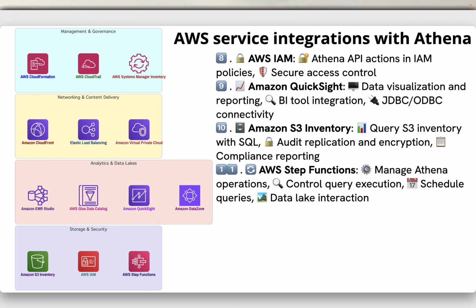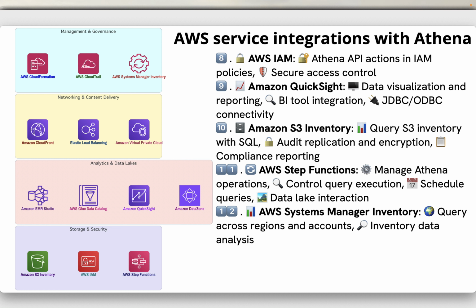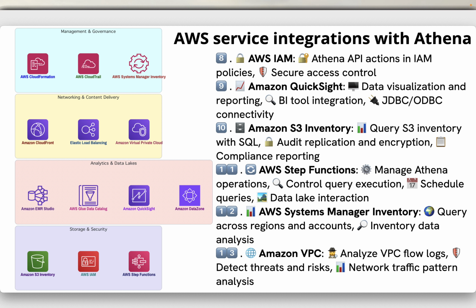The Step Functions role requires Athena permissions. AWS Systems Manager Inventory. AWS Systems Manager Inventory collaborates with Amazon Athena for querying inventory data across multiple AWS Regions and AWS accounts. Amazon VPC. Amazon Virtual Private Cloud flow logs provide IP traffic details in VPC network interfaces. You can analyze these logs in Athena to detect network traffic patterns, threats, and risks within your Amazon VPC network.